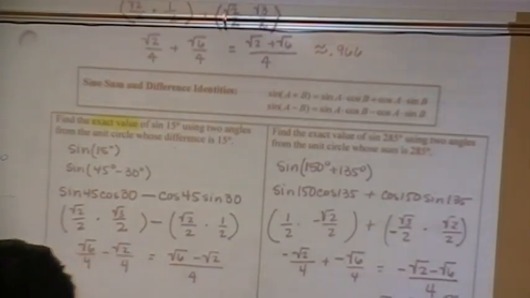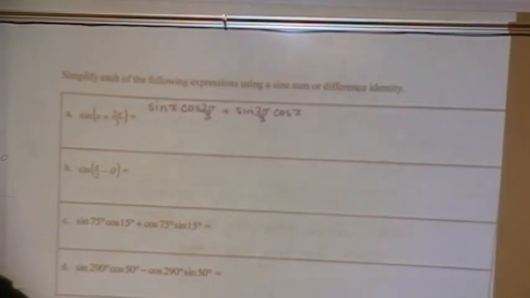Any questions? All right. So down the top of the page, we're doing the same thing. They want us to simplify each expression. So sine of x, cosine of 2 pi over 3. Now, when I plug values in, I can't do anything about sine of x because x is an unknown value. So it just has to remain sine of x.